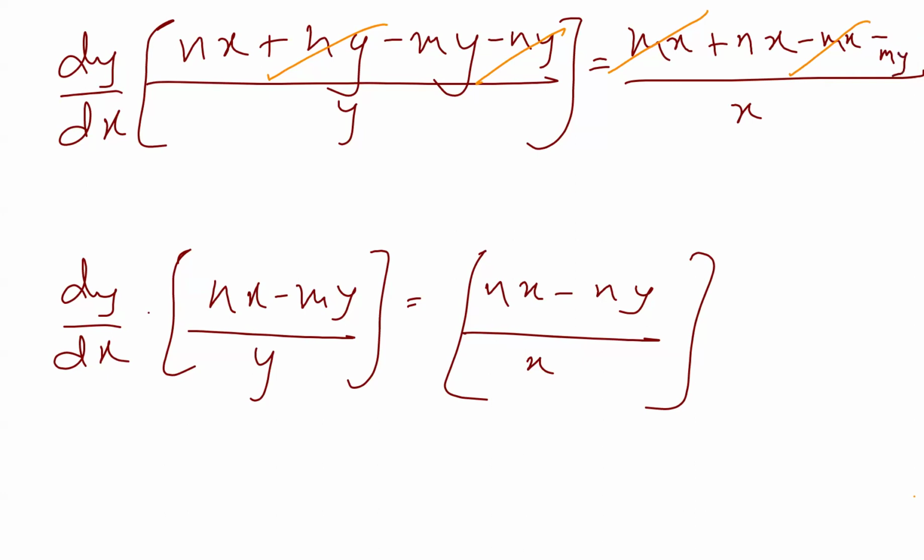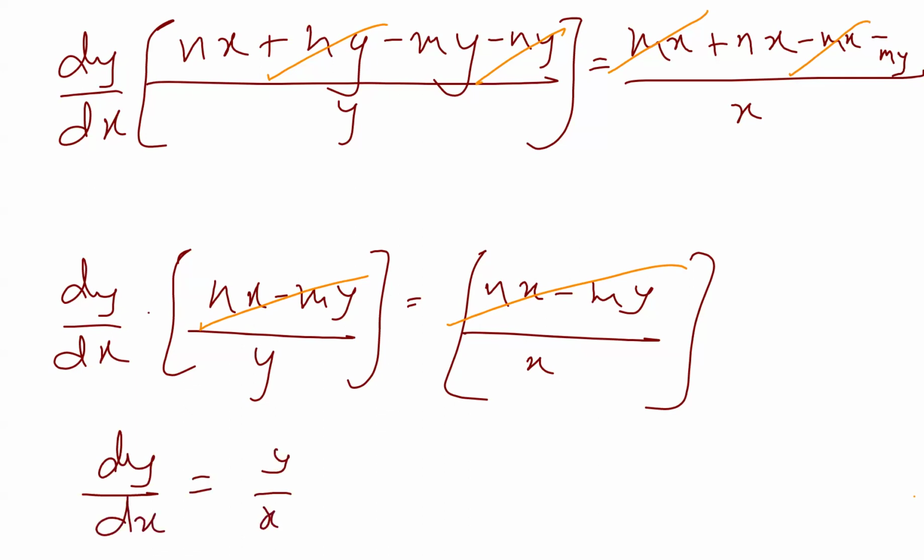Okay, so nx minus my. Fine. So now this term and this term will get cancelled. It's the same term and there is multiplication. So just cross multiply now and get the answer.